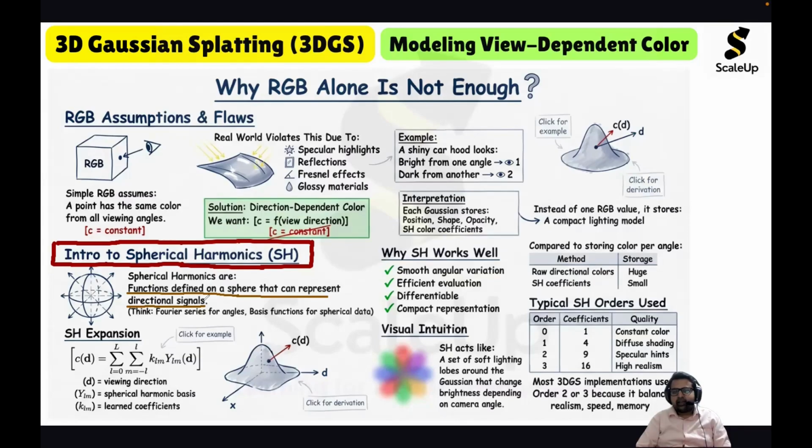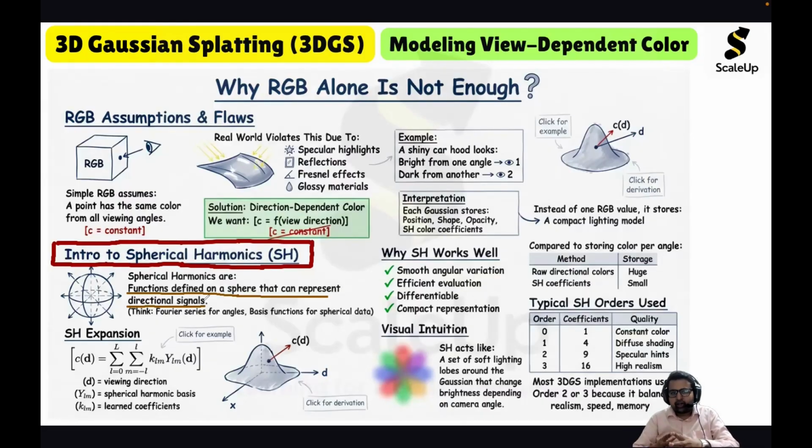Spherical harmonics is a mathematical technique, a mathematical function defined on a sphere. Why a sphere? Because a sphere takes care of all the directions and all the angles, covering all possible angles. Since it is defined on a sphere, it can take care of all the directions and hence represents directional signals.